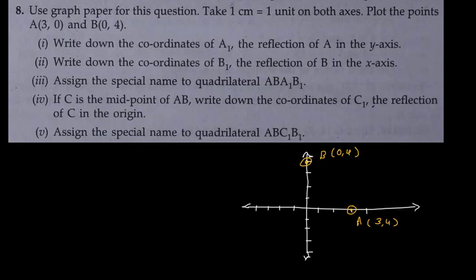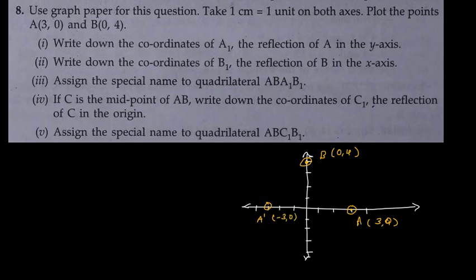Now we have to write the coordinates of point A1, the reflection of A in the y-axis. So in reflection I will go 3 steps here. This is (3, 0), not (3, 4). So here I will get this point, which is A dash, and this A dash will be (-3, 0), right?